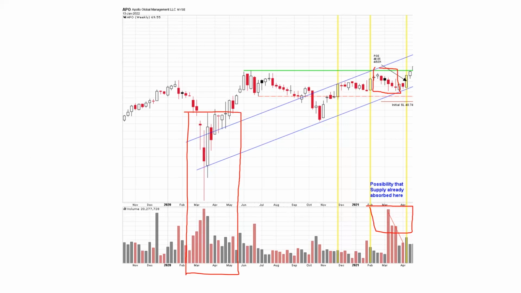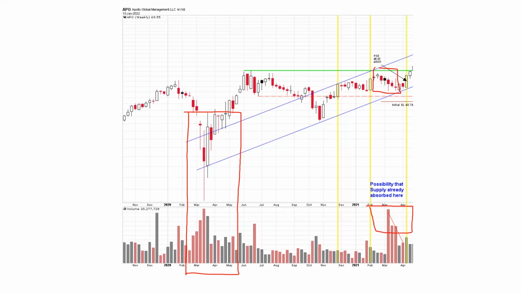And that tells you that there's effort, lots of effort, to push price down. And yet, what does it accomplish? Well, it really doesn't accomplish anything. These are weekly bars, but it's not able to push price back down to support.